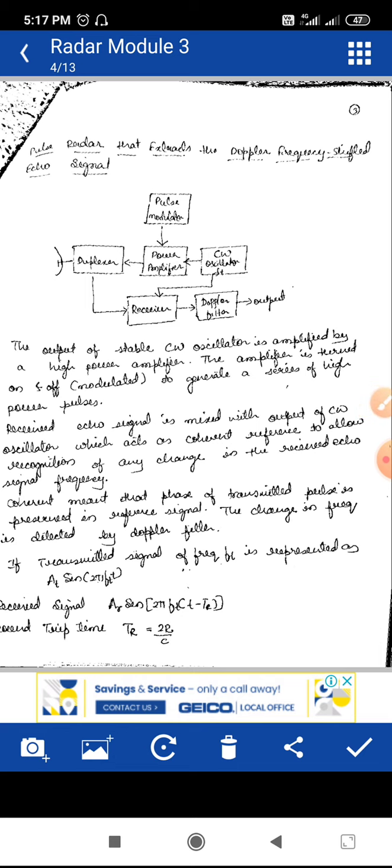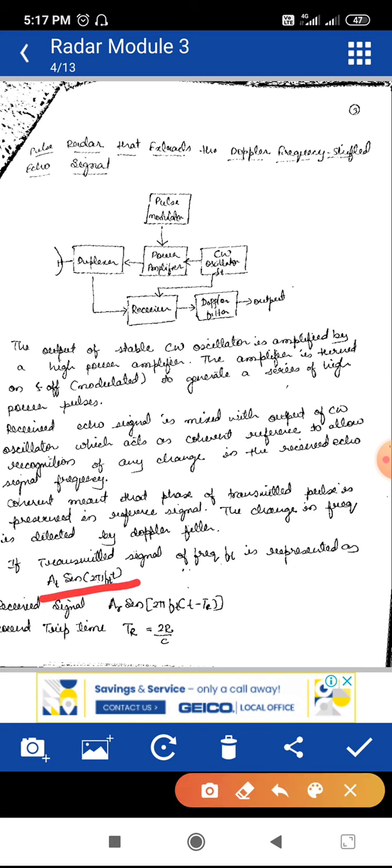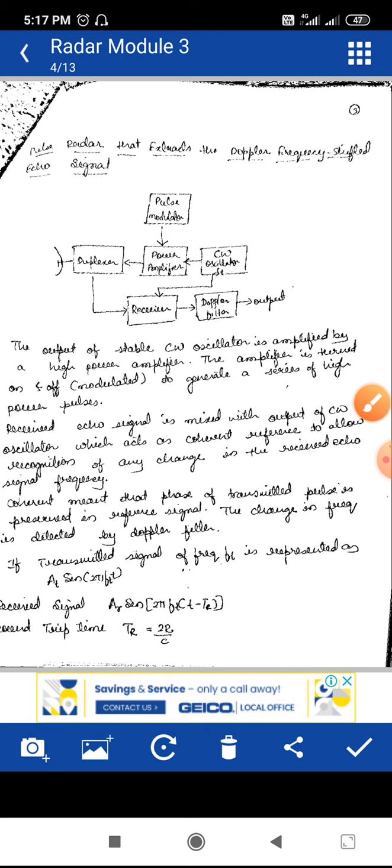Now the transmitted signal is represented by AT sine omega t, and the received signal is represented by AR sine 2 pi ft (t minus tr). Why have we written the received signal like this? Whatever signal we transmitted, ft into t, there is a time difference: tr amount of time has elapsed since the transmitted wave reached the target and returned to the radar.